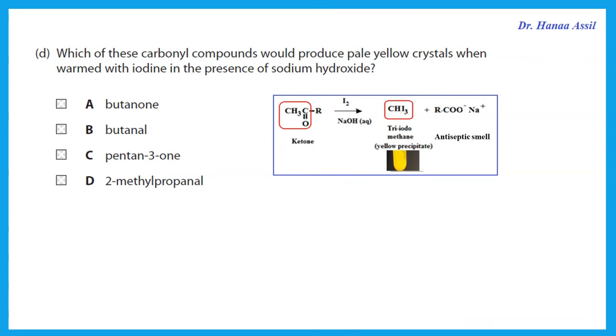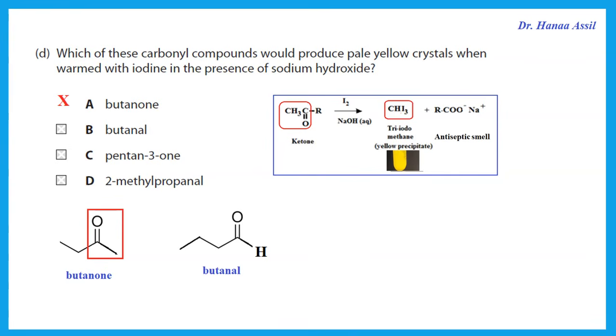So the question is, which of these has a carbonyl next to a methyl group? Butanone does have the methyl C=O part that would react to give triiodomethane. So this is the compound that will give pale yellow crystals.